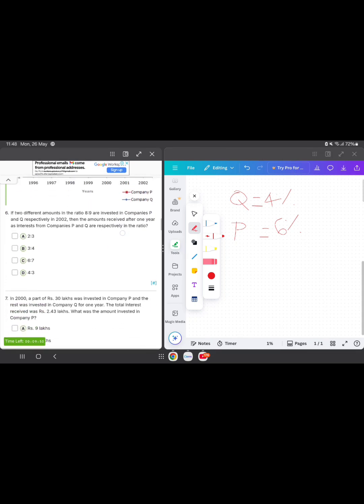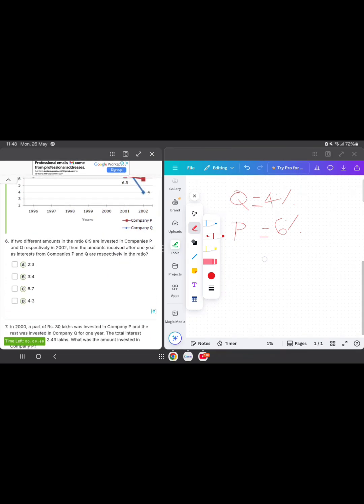Okay, and then the amounts invested, we have 8 to 9. The ratio is P to Q, so 8 is for P, so that will be 8 times 0.06.